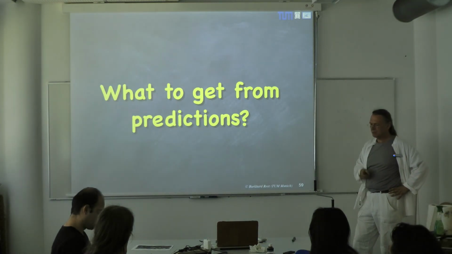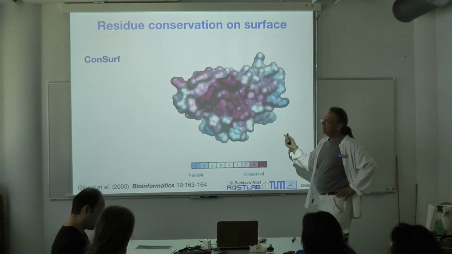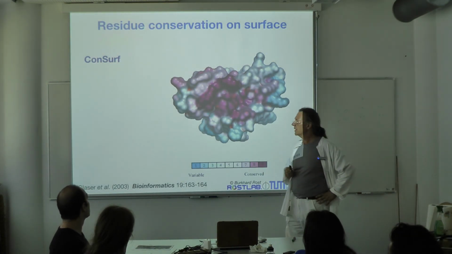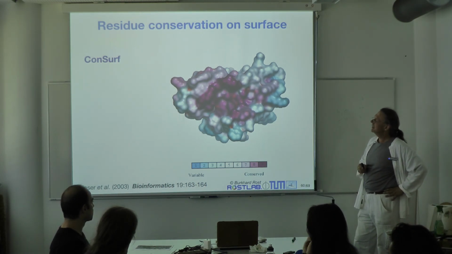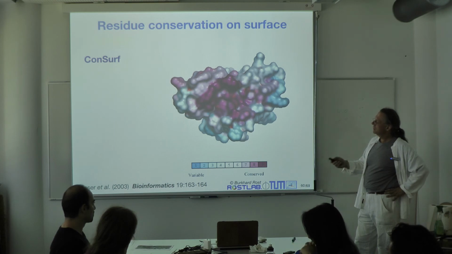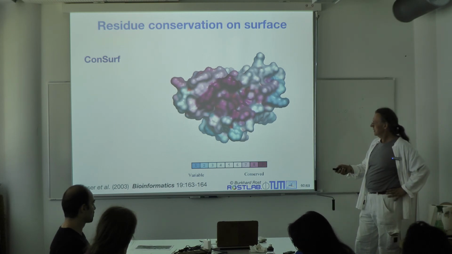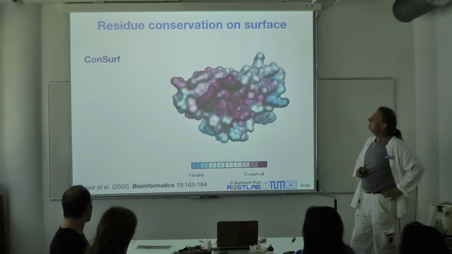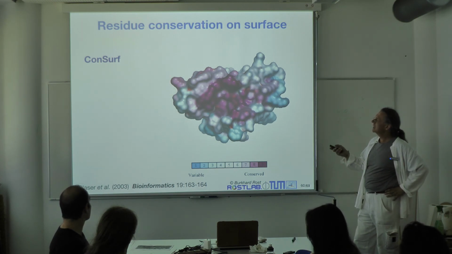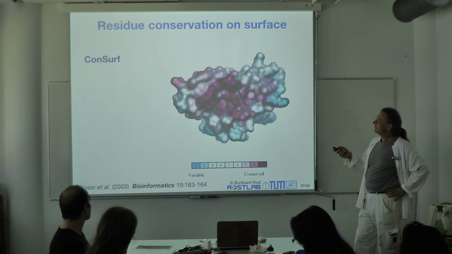So what do we get out from these predictions? One example, and this is not from a prediction, but is more a generic example of how you can use accessibility over the surface, a tool from the group of Nir Ben-Tal, whose name is not on the slide. That is the paper from Fabian Glaser. ConSurf.